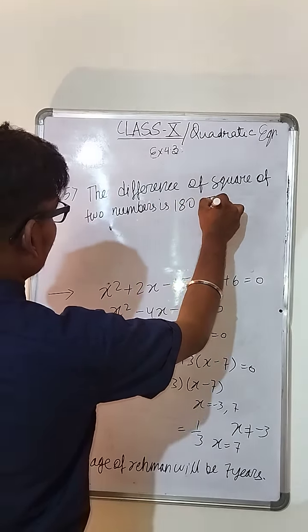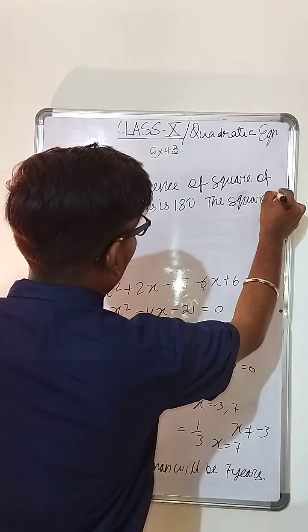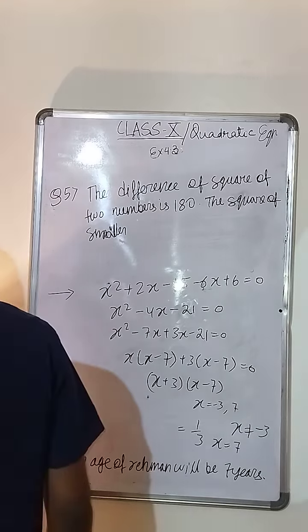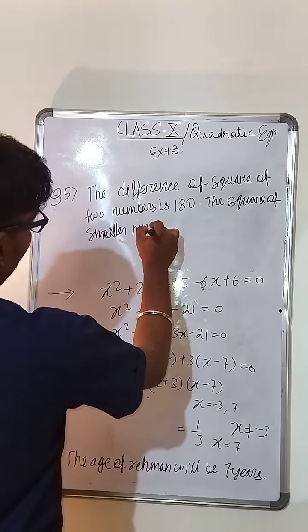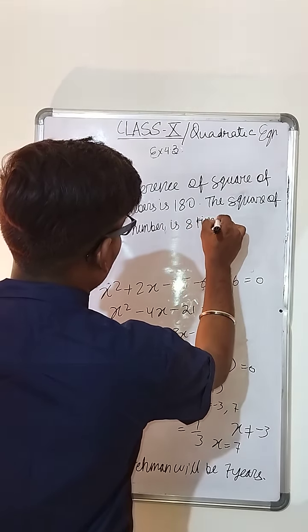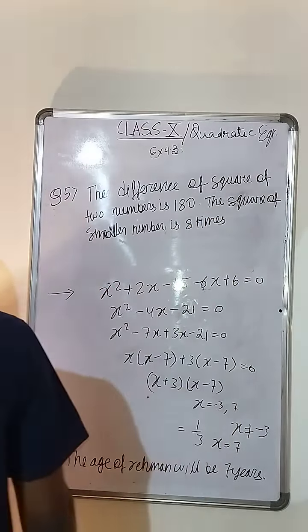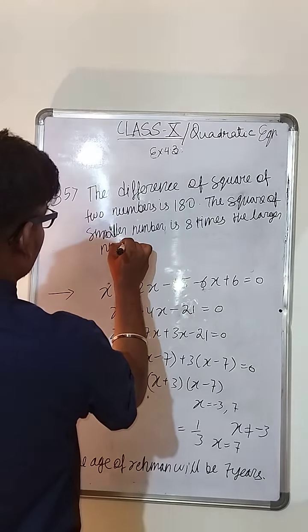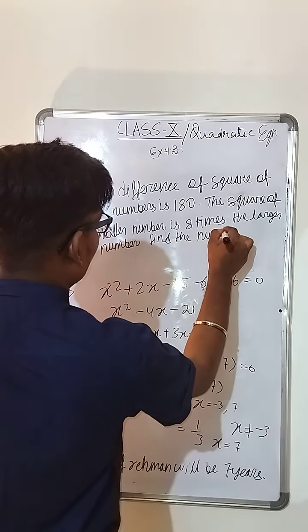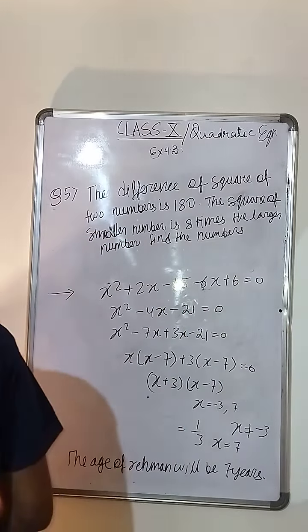The square of the smaller number is 8 times the larger number. Find the numbers. Okay, this is the question.